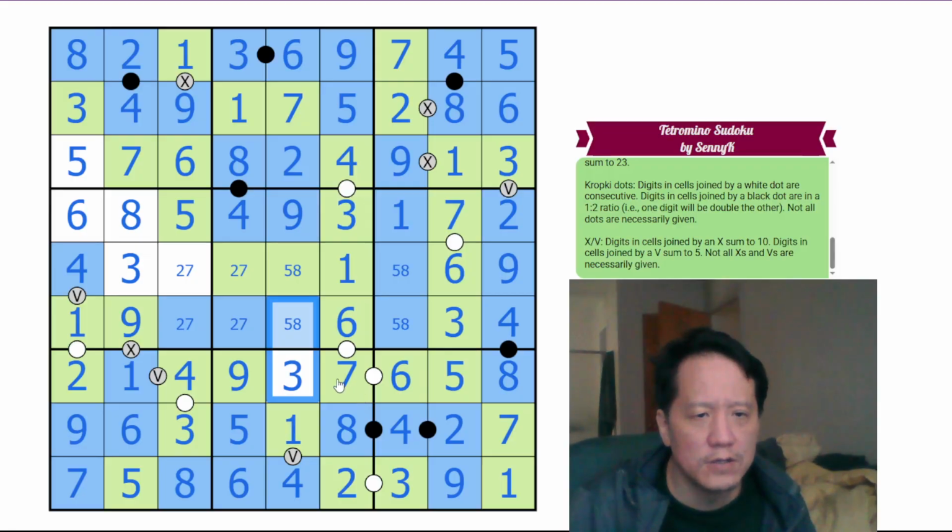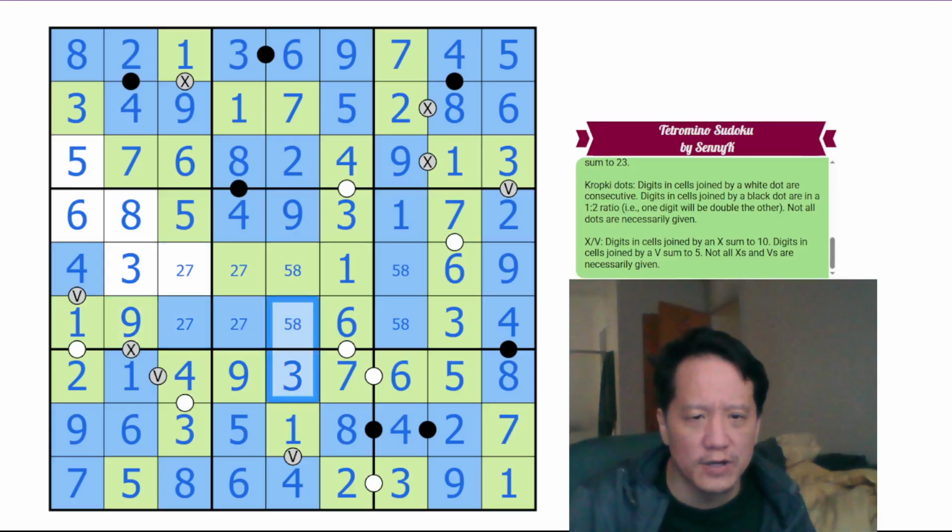Okay, so this has to be shaded. This has to be shaded. This has to be shaded, and it can't shade that way, because then we'd have a repeat here, guaranteed.